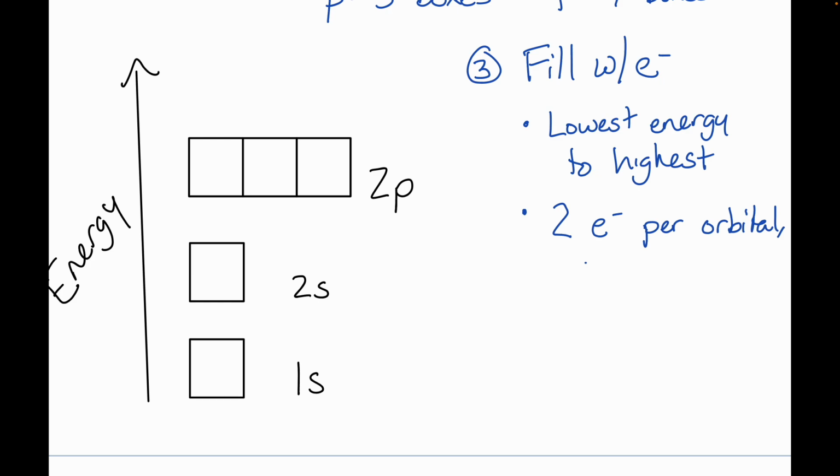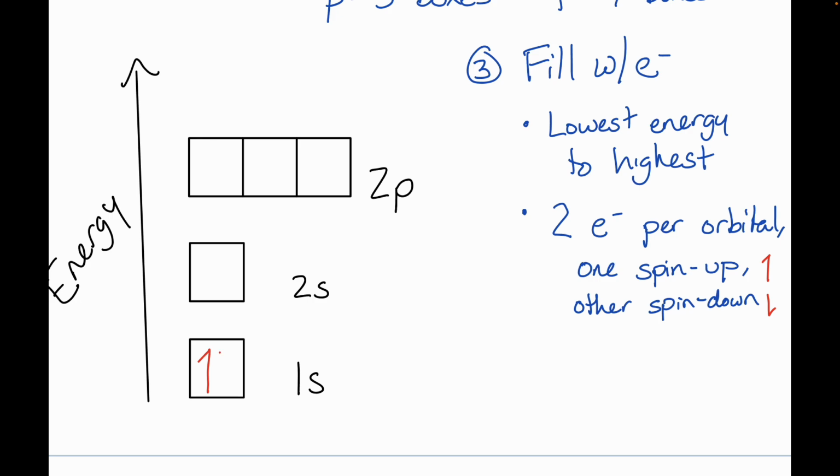So when I go to draw my electrons in here, I'm going to draw them as arrows. And I can fit 2 of them into this box here. But importantly, one has to be what's called spin up, and the other spin down. We represent the spin up electron with an upward pointing arrow, and the spin down electron with a downward pointing arrow.